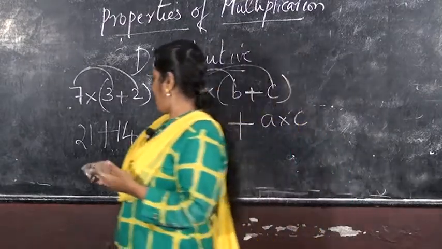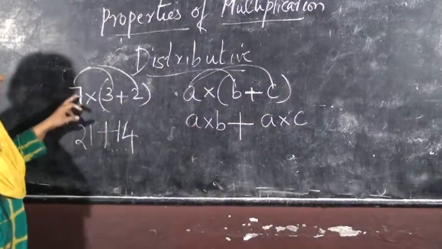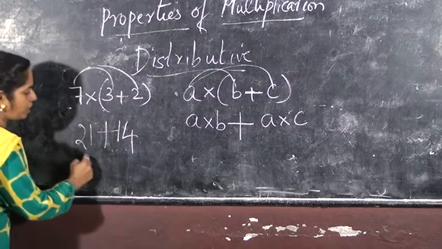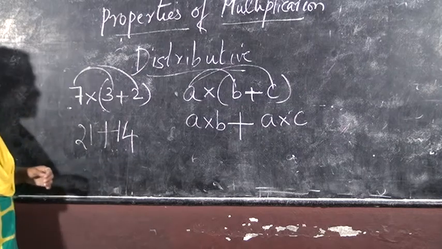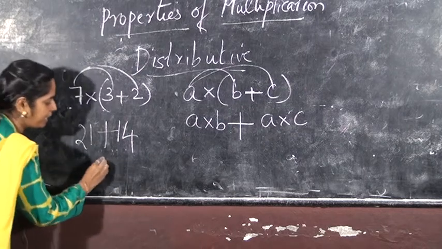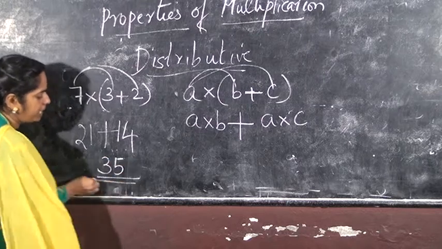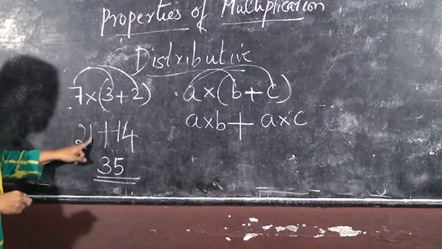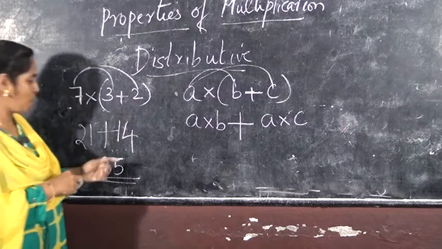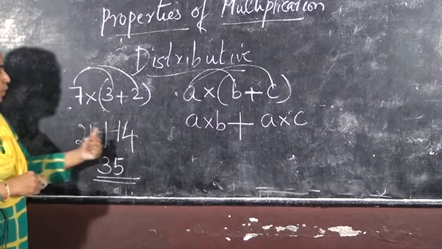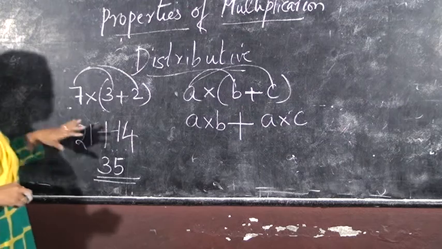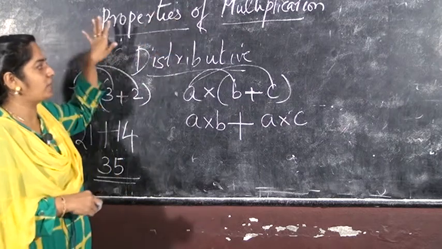So it becomes what? 7 into 3 is 21 and 7 into 2 is 14. So it becomes 21 plus 14. Yes, 21 plus 14 is 35, isn't it? 4 plus 1 is 5 and 2 plus 1 is 3, 35. So this property also satisfies here for multiplication.